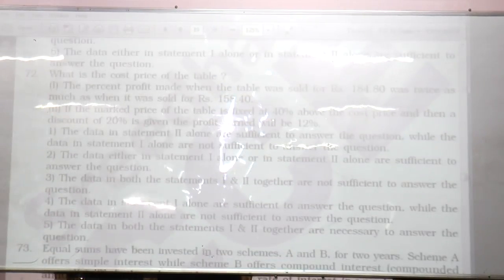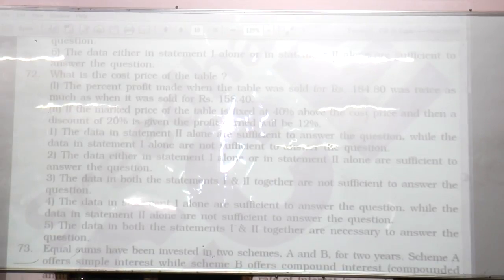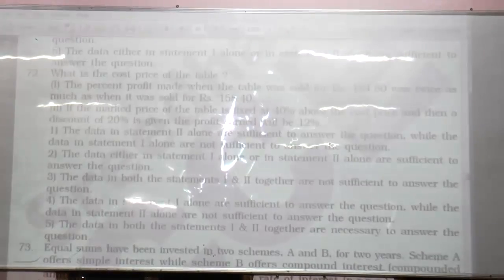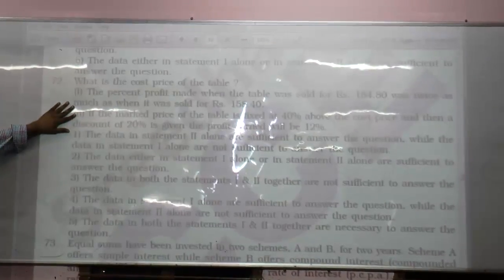What is the cost price of the table? It asks about cost price. The percent of profit made when the table was sold for 184.80 was twice as much as when it was sold for 158.40.